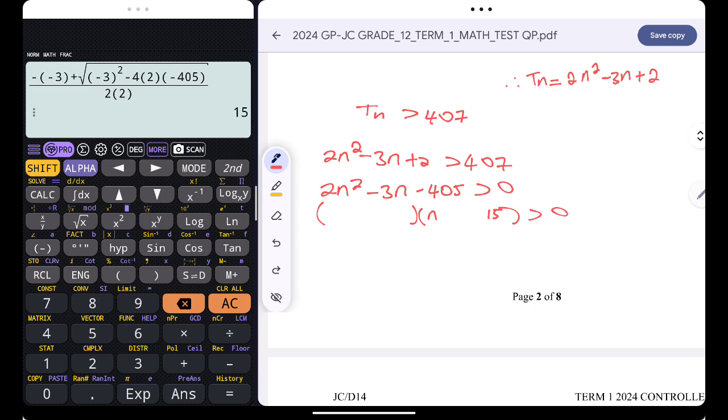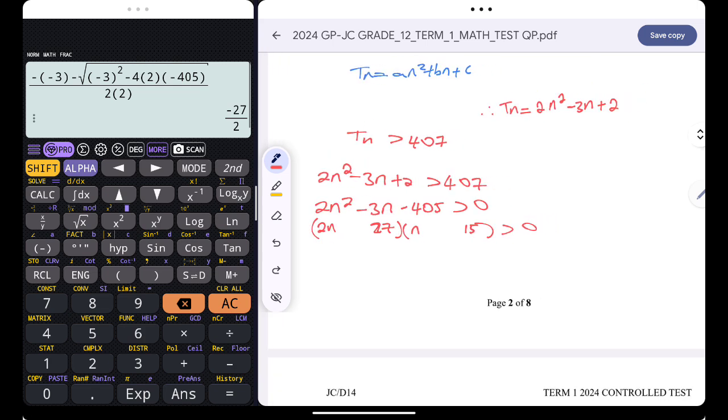And then whenever I put a negative sign there, I'll get 27. I'll have a negative and a plus there. So for my critical values, I know that n has to be negative 27 over 2. Another one, n has to be just 15.